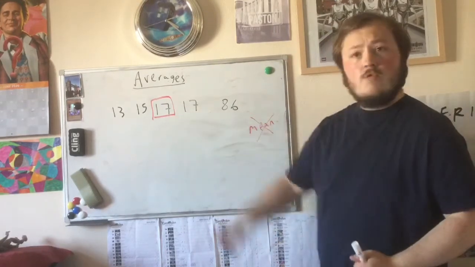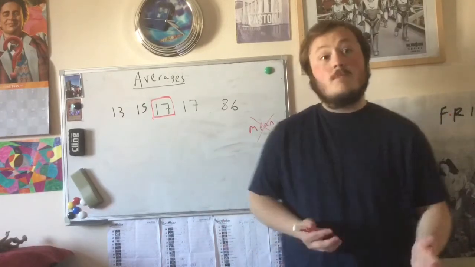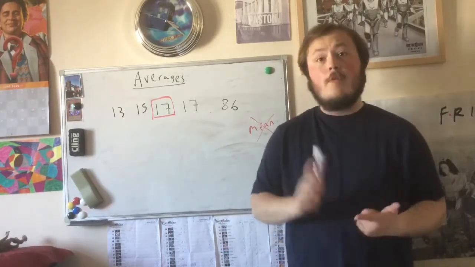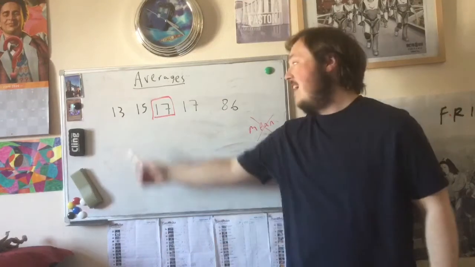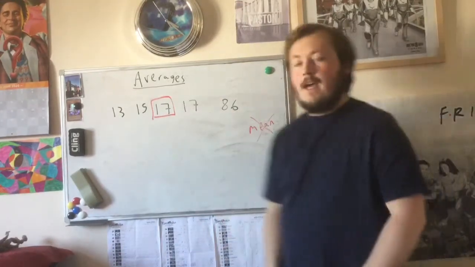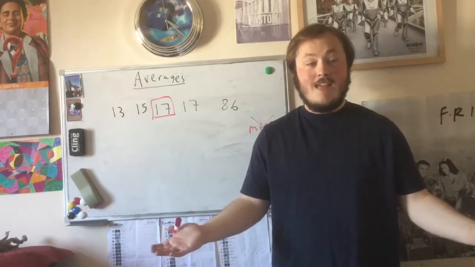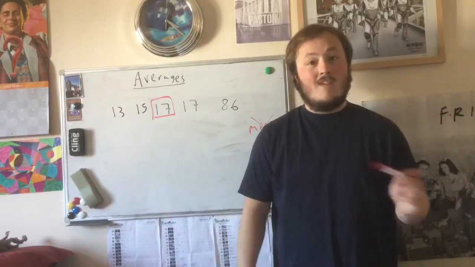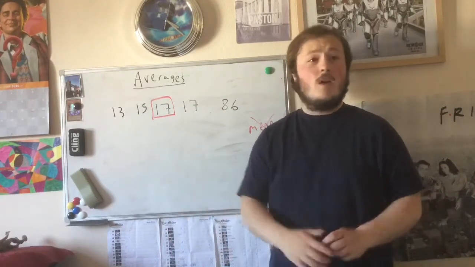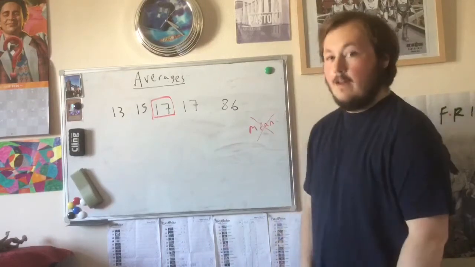So the mode would also work. So in this case, if we were to provide an argument, we could say the median or the mode is the best average in this set of data, because the mean would be heavily influenced by 86, and the median and the mode actually give you the same thing. So it builds up even more reliability because they have more than one of the same answer. How brilliant is that? Let's now look at another one.